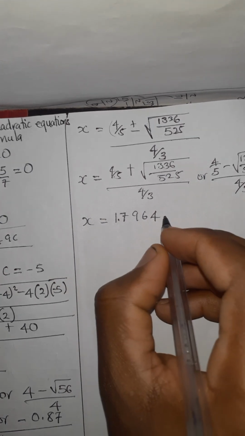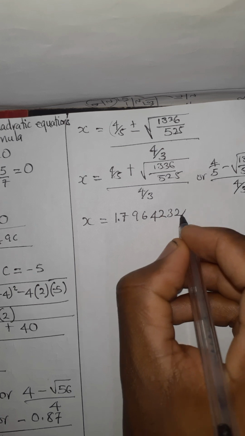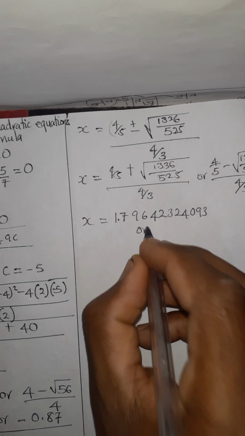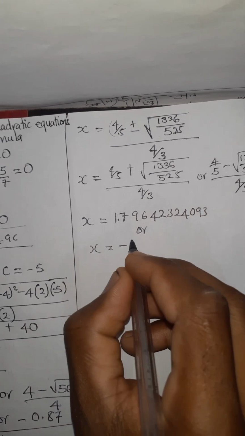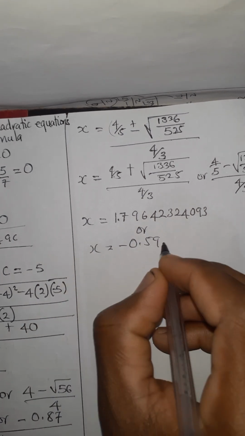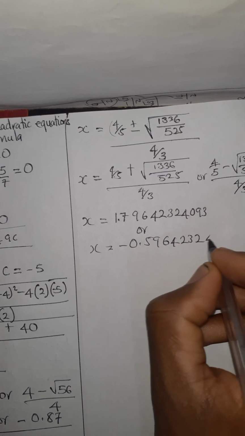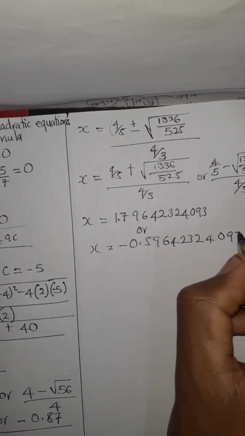So calculating this directly, we get 1.7964 2324093, or x is equal to negative 0.5964 2324093.